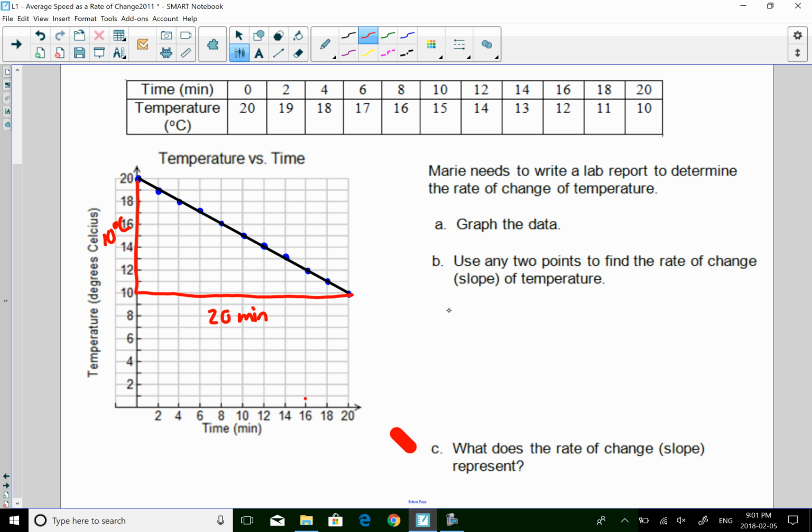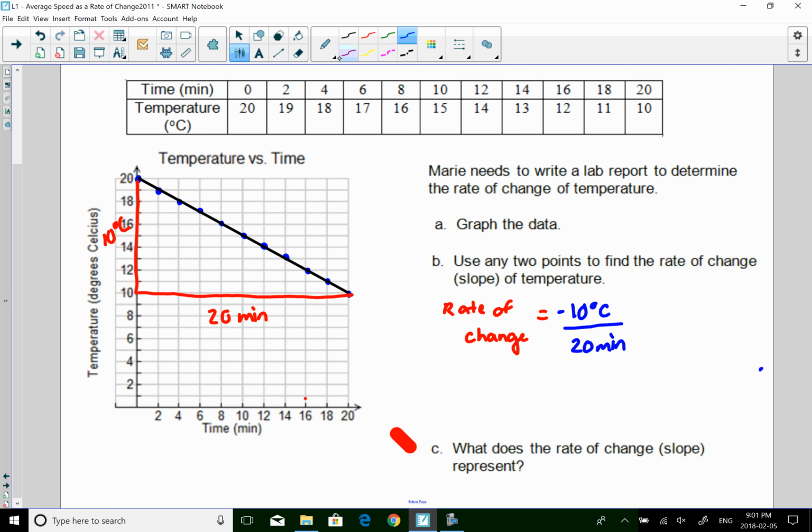So the rate of change, also known as slope, is going to be the change in the dependent, so the one that goes up and down. So it's 10 degrees Celsius over 20 minutes. Now there's something I have to be careful about. So it's decreasing 10 degrees. So I'm going to write minus 10 degrees.